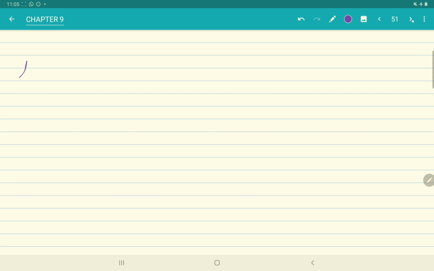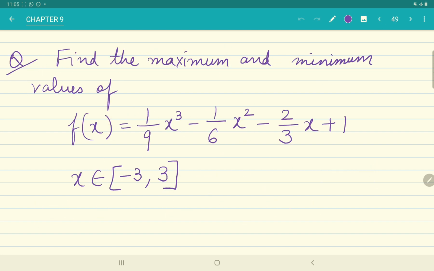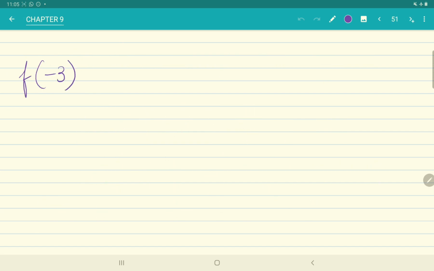First we think of f(-3), and f(-3) is going to turn out to be minus 3/2. Then we evaluate it at x equal to 3, so f(3) is equal to 1/2.